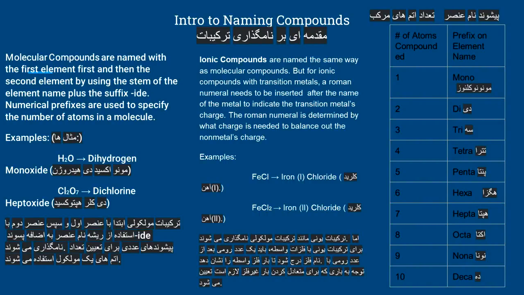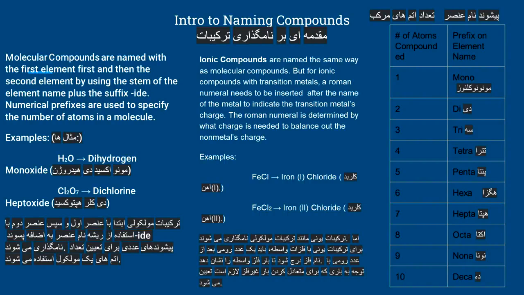Here are examples for molecular compounds. The di prefix is there because there are 2 atoms compounded, for the first example, H2O, and the second element has the prefix mono, the stem of the element, and ends with -ide. So H2O becomes dihydrogen monoxide.